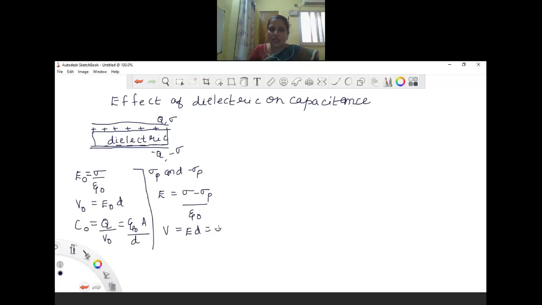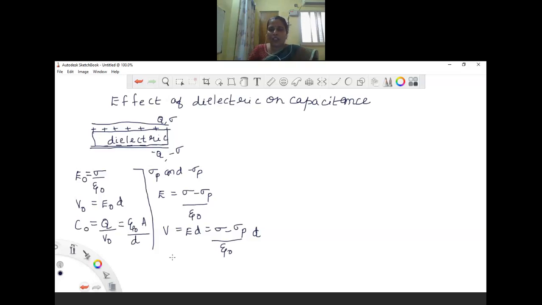So we are going to substitute the value for this E now. Sigma minus sigma p divided by epsilon naught into D. This is the potential difference between the two plates with dielectric.